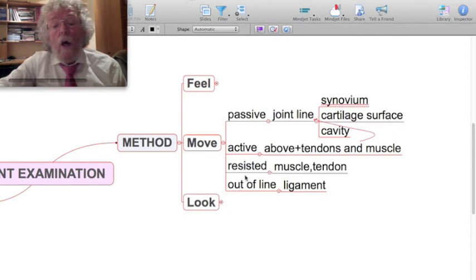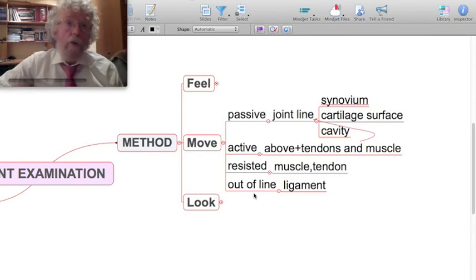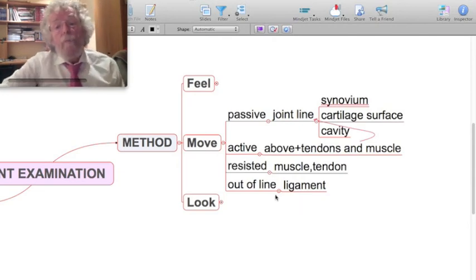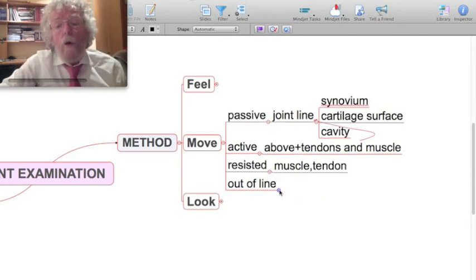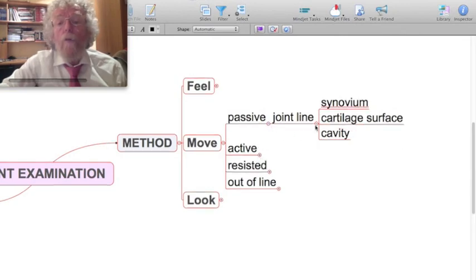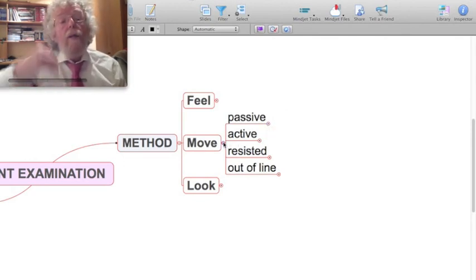And then one can look for abnormal movement out of line with what one would expect, and that may be because of ligamentous instability, and that could be rupture, like chronic rupture as in rheumatoid arthritis. So they're the sort of considerations. Now, not every patient will be as simple to define as I have represented it, but it does give you at least a structure on which to work.